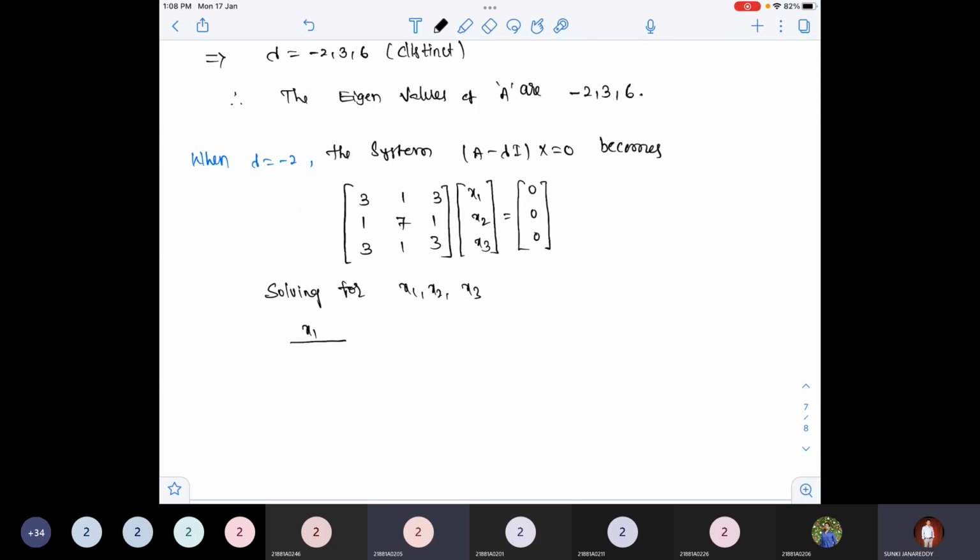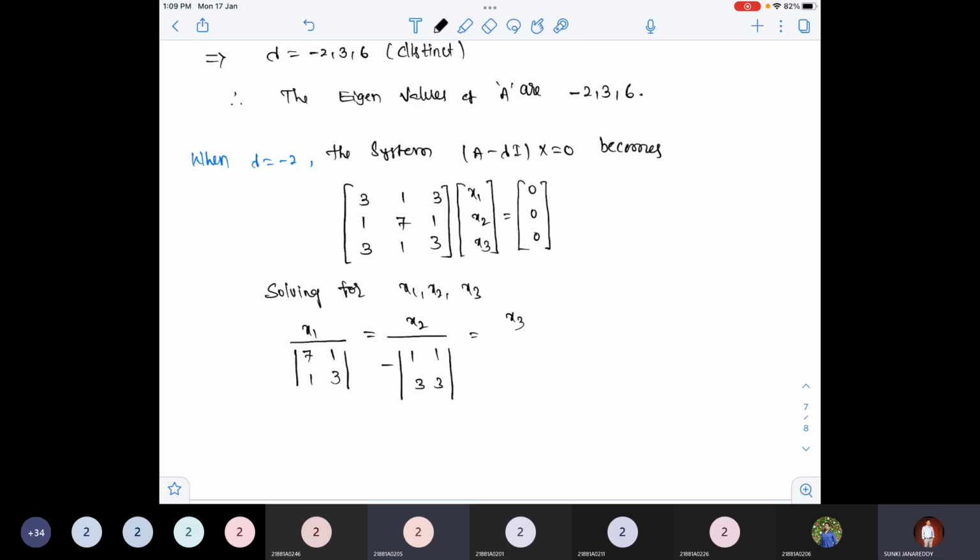That is x1 by, leaving this column, with first row fixed: 7, 1, 1, 3. Next, x2 by minus of 1, 1, 3, 3.